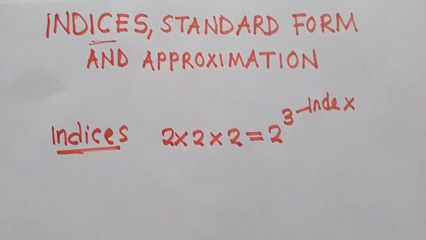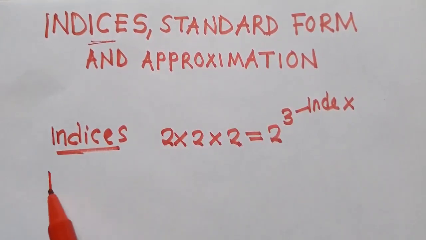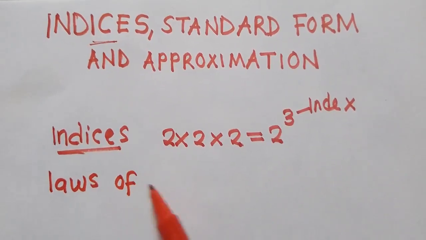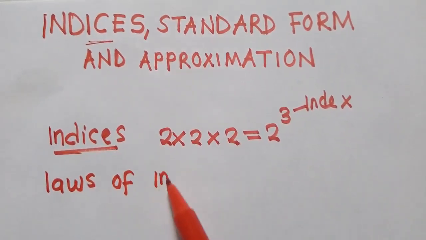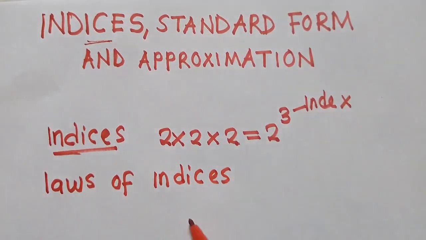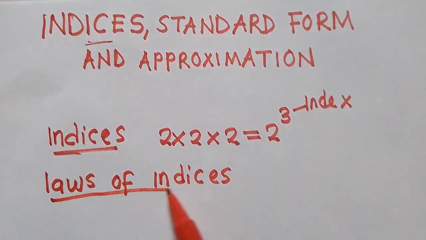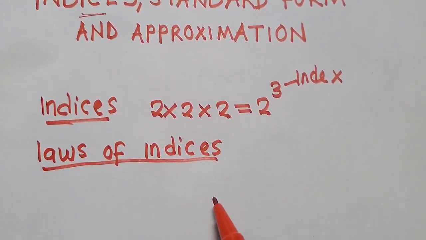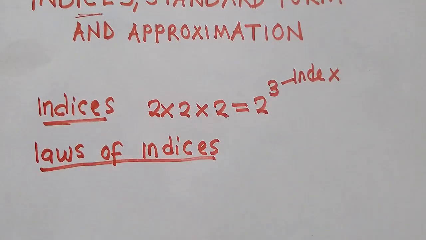So before we go any further, I want to summarize this so that we know and understand. There is what we call laws of indices. You need to know and understand the laws of indices. There are certain laws that you need to know and understand. So the first one is very simple.